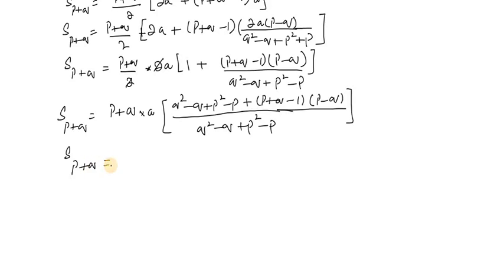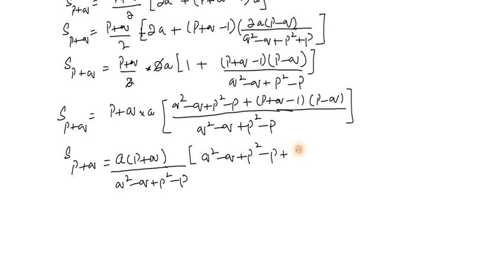S(p+q) is equal to a(p + q) upon (q square − q + p square − p). Here q square − q + p square − p plus p multiplied by p square − pq plus pq − q square − p + q.